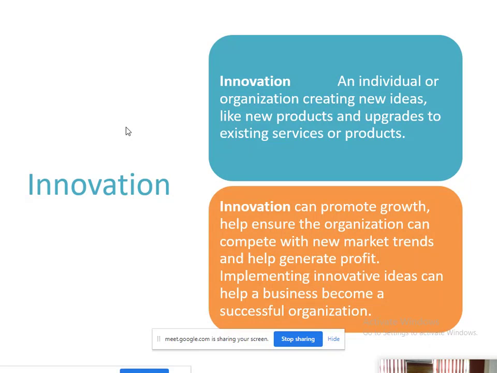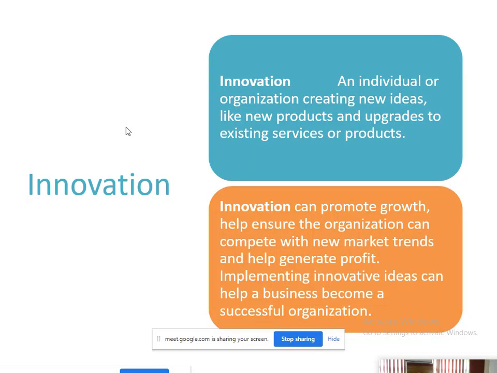Innovation deals with an individual or organization creating new ideas, like new products and upgrades to existing services or products. That means whatever the product, we always want to upgrade it so that we can compete with other companies also. Suppose I have one organization, definitely I have to compete with other organizations.